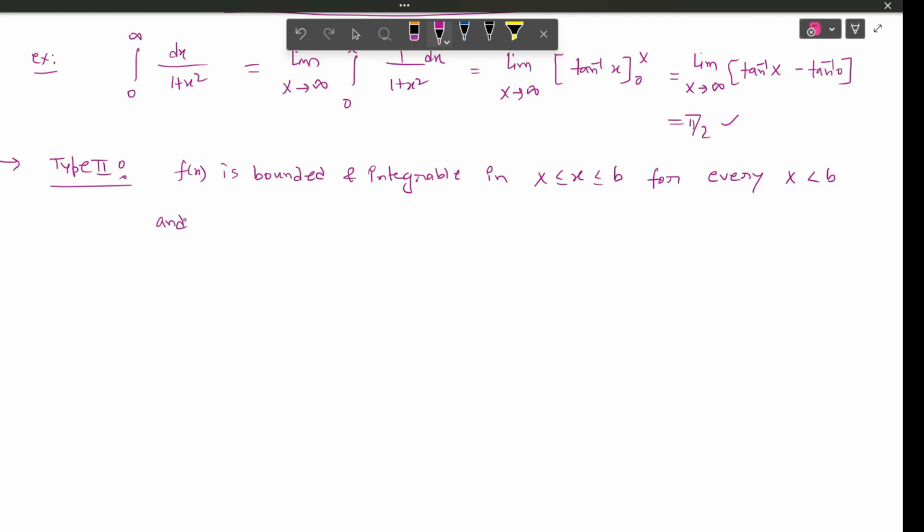Here what we have to do is take the limiting value of the lower limit. So the limit as capital X tends to minus infinity of the integration from capital X to b of f(x) dx should exist finitely.